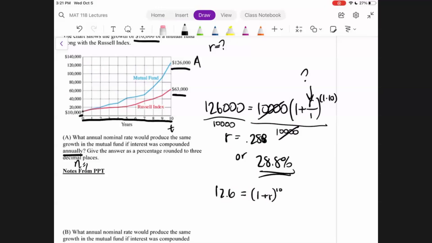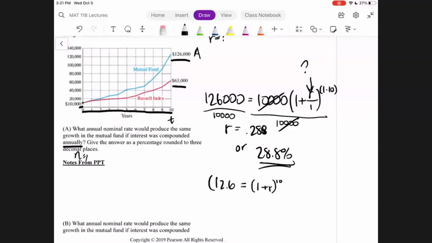And then now you need to get rid of this power. So you just do the reciprocal power, you raise it to the 1/10 power. So you can do this on your calculator. So if I do 12.6 raised to the 1/10, I get 1.288359471. And these powers will pretty much make a 1 because 10 times 1/10 will be 1.